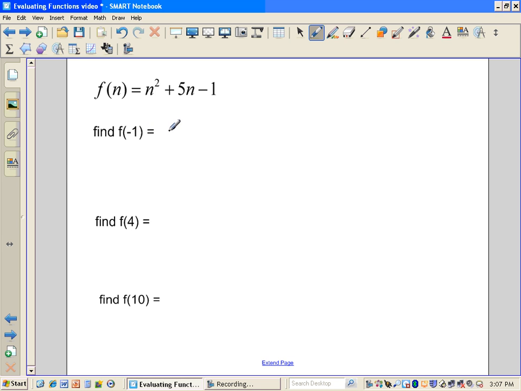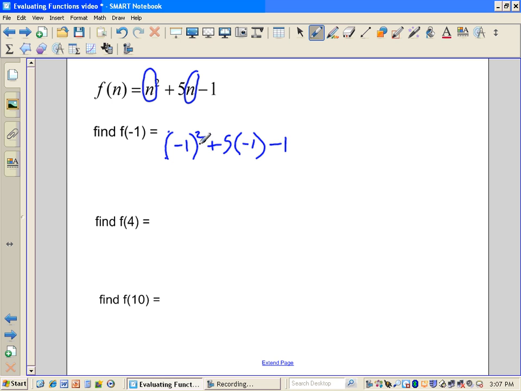That means I'm going to put negative 1 in for the n here, and I'm going to put it in for the n here. So it's going to be plus 5 times negative 1 again, and then minus 1 is part of the function. So I've replaced this n and this n with my input of negative 1.